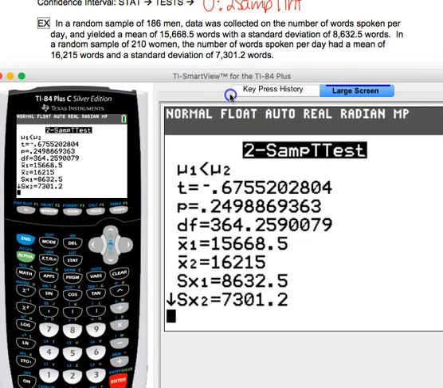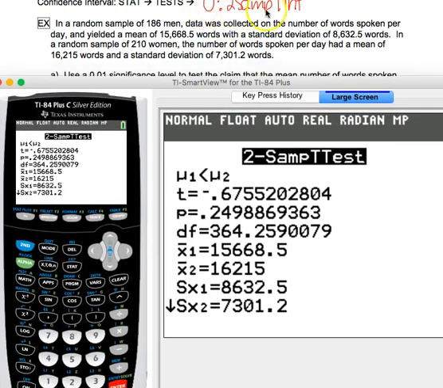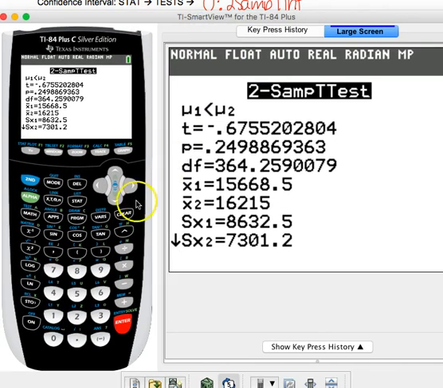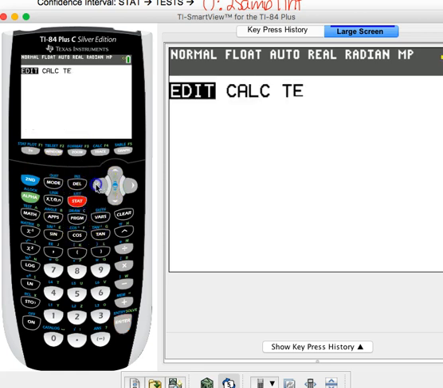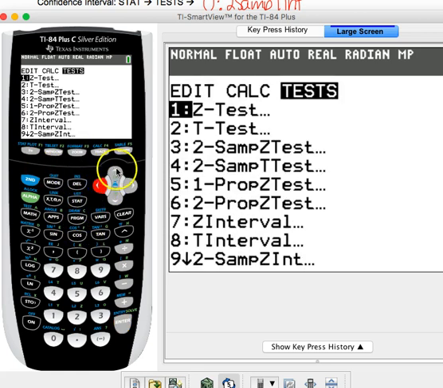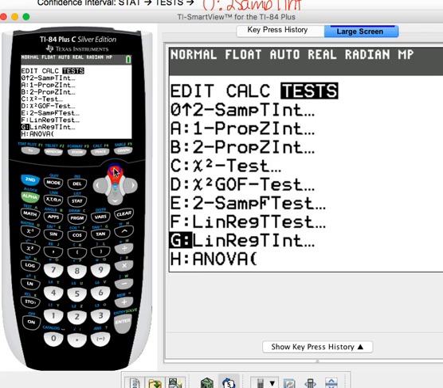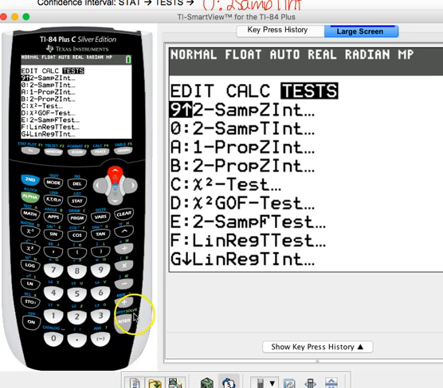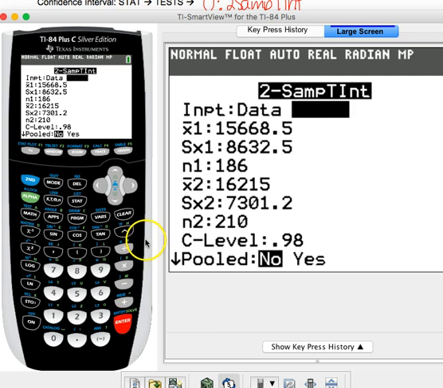So go into our calculator. Again, like we set up here at the top of the notes, we're going to be using choice 0, the 2 sample t interval. So stat tests, probably quicker to go up. Well, in this case, actually, it probably doesn't matter. Probably just press 0, that would be better. So 2 sample t interval.